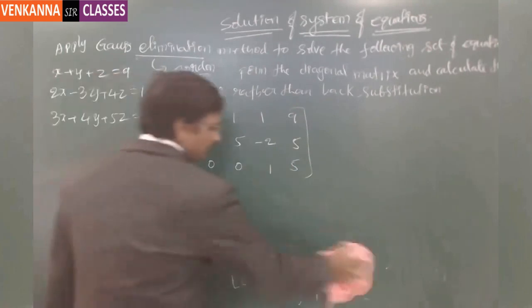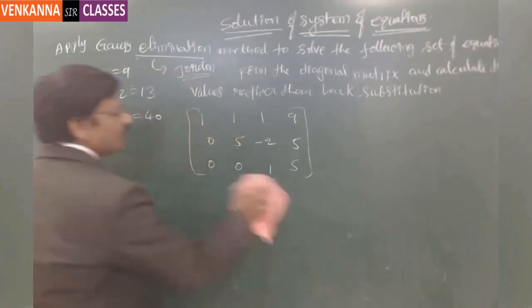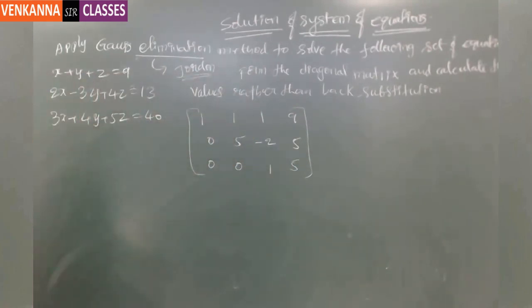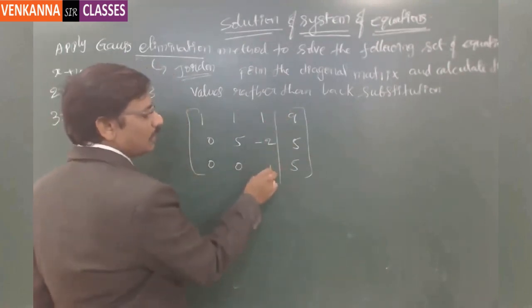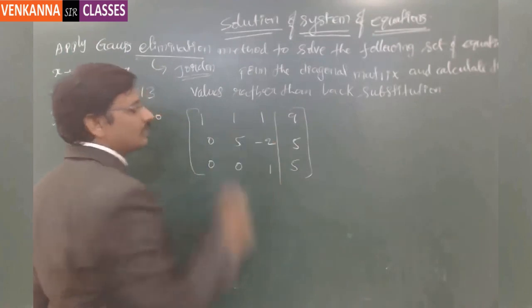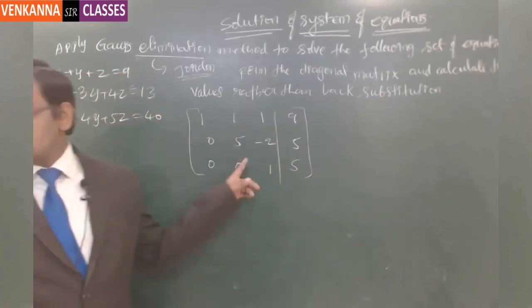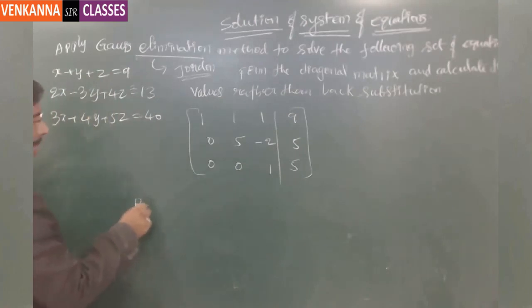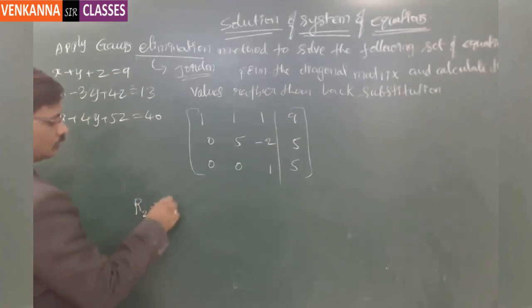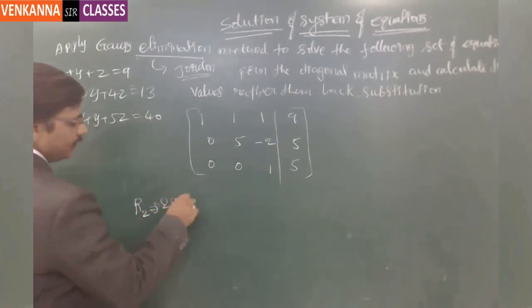Now if I want to make this the diagonal matrix, what I need to do is make use of this number to make this value 0. So for that I will do R2 equals 2 times R3 plus R2.